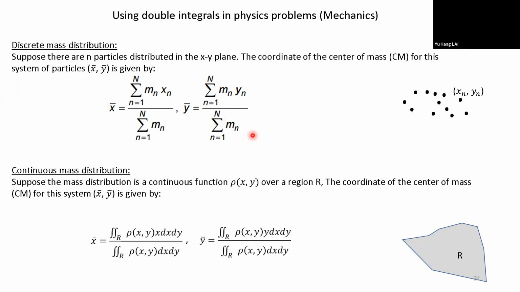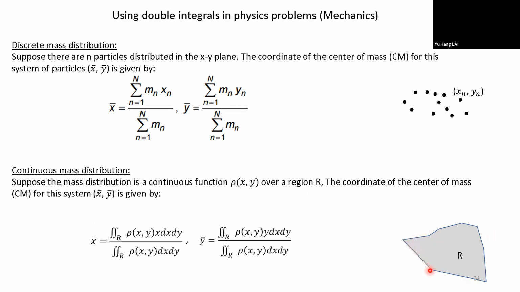That's the formula for finding the center of mass position. Now suppose that, instead of discrete point particles, I want to consider some mass distributed across a continuous region, just like a plate lying on the XY plane. I don't consider the thickness of this plate; just assume that it has no thickness.